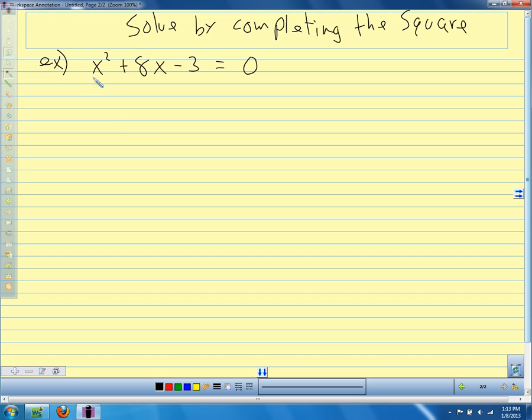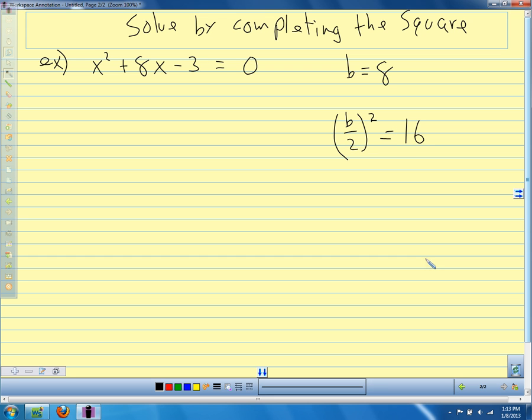So the first thing that I'm going to do is add b over 2 squared to both sides. For this equation, what is b? 8. b equals 8. b over 2 squared is going to be 8 over 2 is 4, squared is 16.